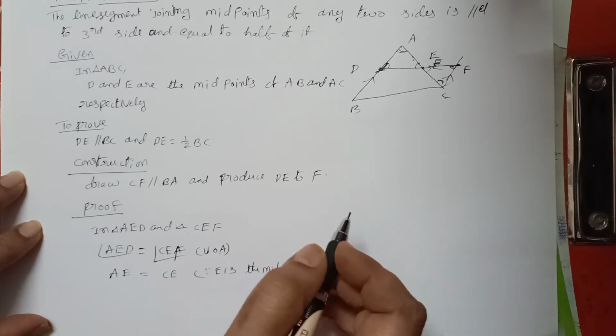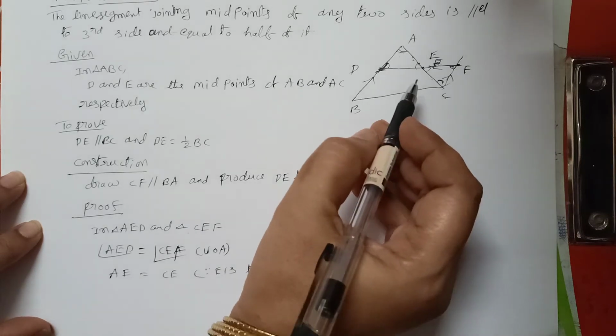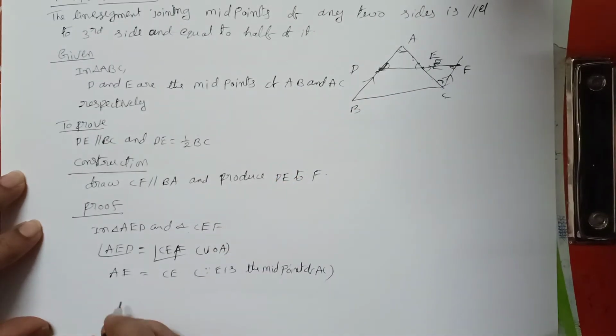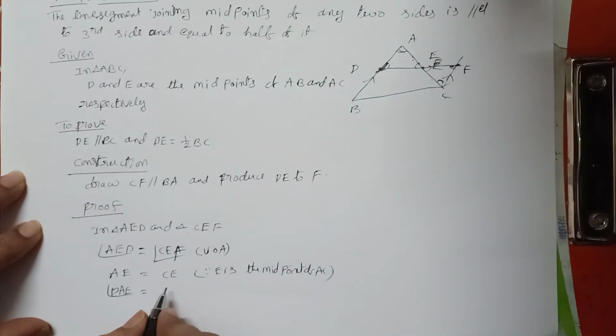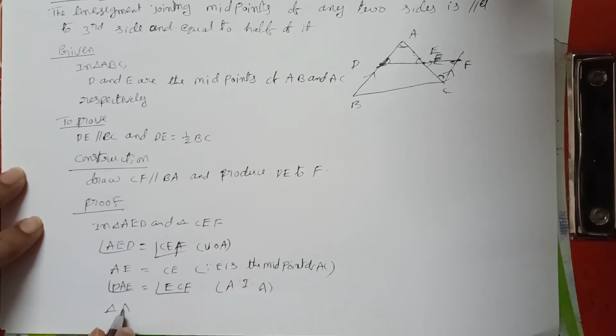Next, angle DAE is equal to angle ECF, alternate interior angles. Therefore, triangle ADE is congruent to triangle CEF.